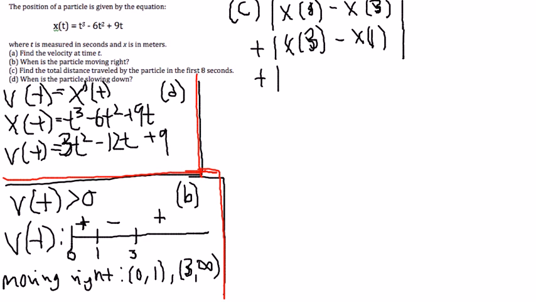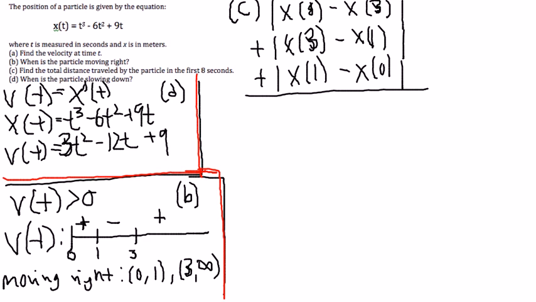The final interval will be x of 1 minus x of 0. And remember that we look at the absolute value because we're not really looking at the direction that it's traveling, rather just that it's moving from time 0.